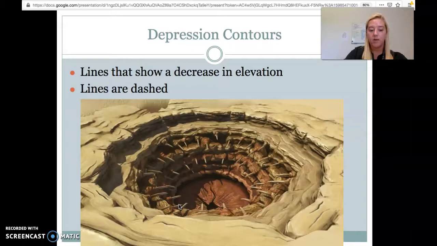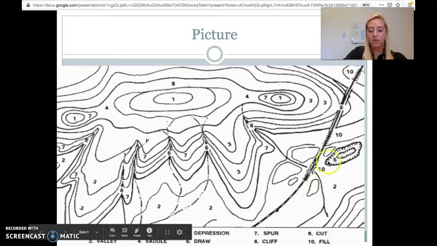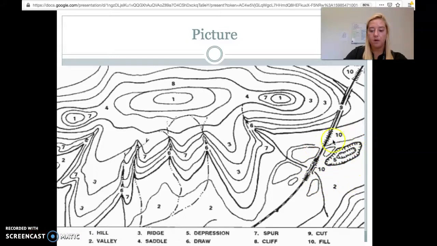This is indicated in your map by a dashed line. So can you see the depression in our map here? If you didn't locate it, the depression is right here by the number 5. See? Indicated by dashed lines, so these are actually going down in elevation. It is a hole in the ground.